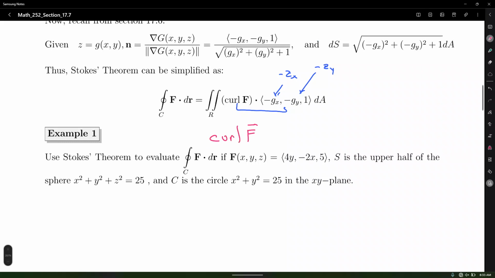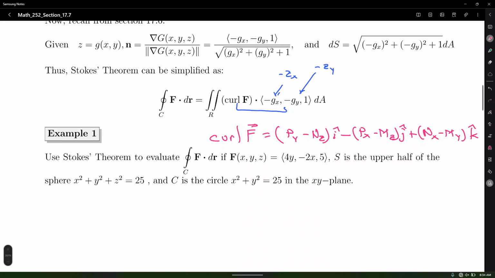The curl of F, rather than setting up the 3x3 matrix and finding its determinant, use the result. That is, partial of p with respect to y minus partial of n with respect to z in the direction of i, minus the second component, partial of p with respect to x minus partial of m with respect to z in the direction of j, plus partial of n with respect to x minus partial of m with respect to y in the direction of k.